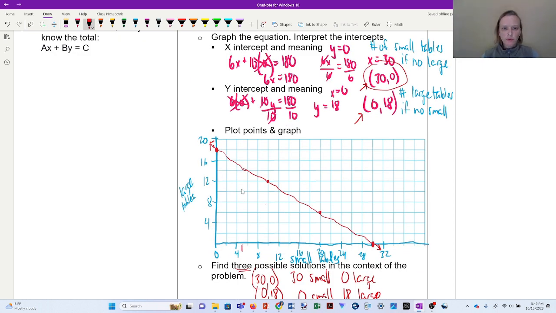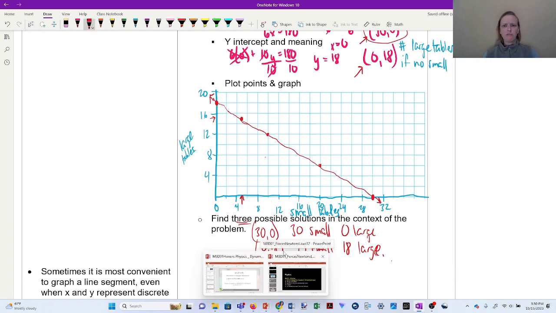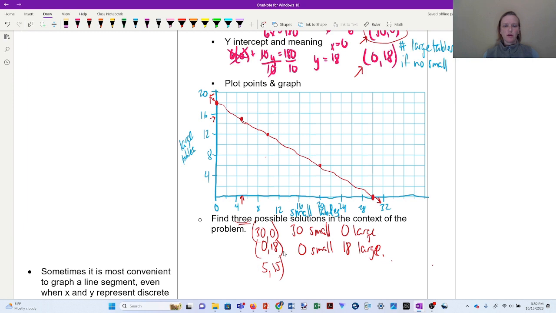So for every 5 small tables, I can replace that with 1, 2, 3 large tables. So there's a point here at 5 and 15. And I can continue that pattern. I would have another example at 10 and 12.